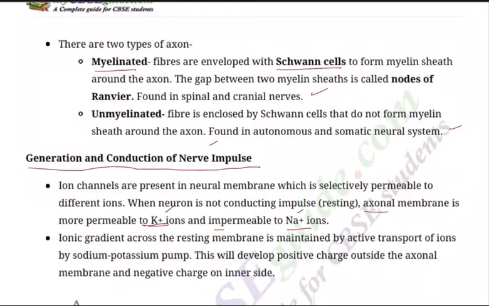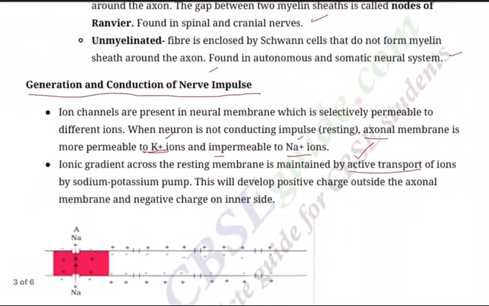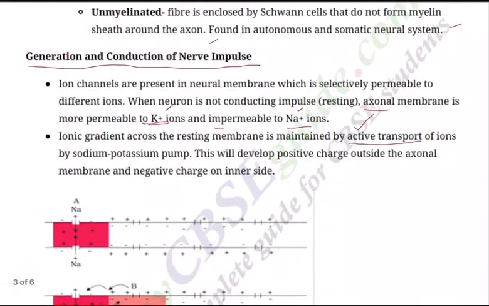Next, the ionic gradient across the resting membrane is maintained by active transport. What do you mean by active transport? ATP is spent. Active transport of ions by the sodium-potassium pump will develop a positive charge outside the axonal membrane and a negative charge on the inner side.